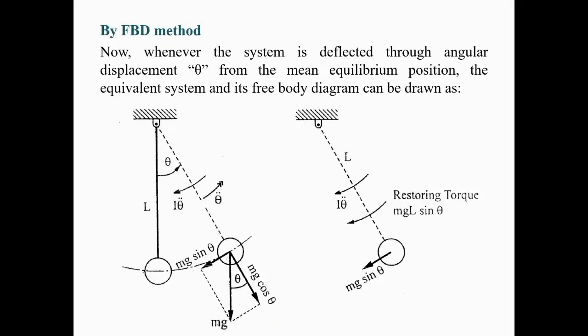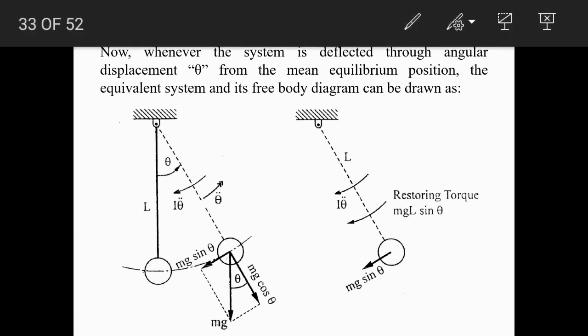Now let the system be displaced through angle theta from its mean position. So this would be the mean position of the system, and the system is deflected through the angular displacement theta. So the static equilibrium would be disturbed.